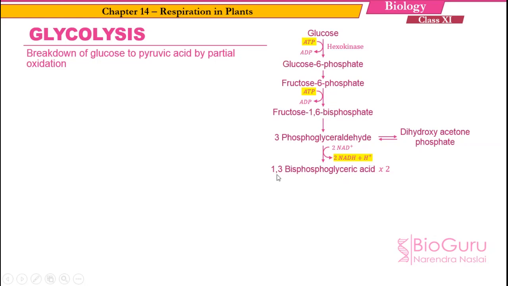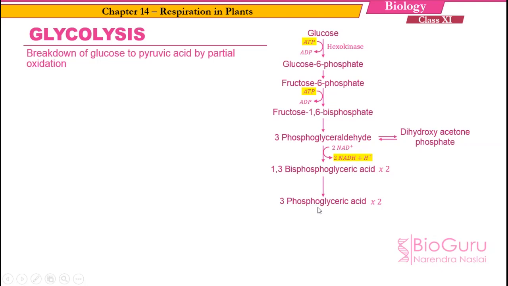Now further 1,3-bisphosphoglyceric acid will get converted into 3-phosphoglyceric acid. Here you can notice earlier it was 1,3-bisphosphoglyceric acid. Now it has become 3-phosphoglyceric acid. That means one phosphate group is removed. Now where has that phosphate group gone?